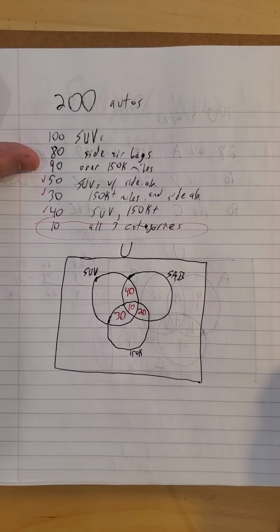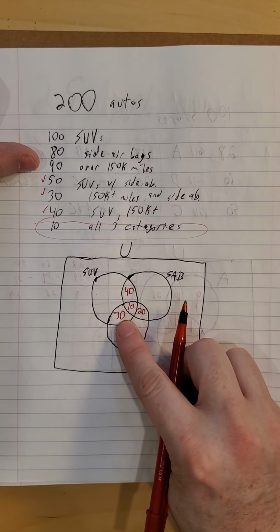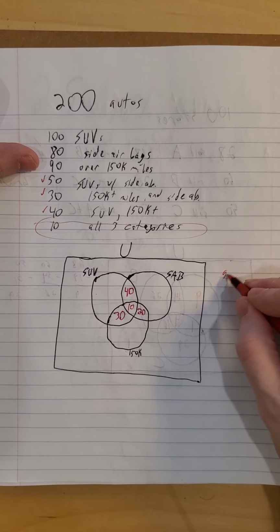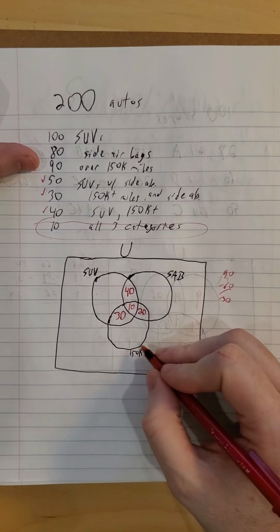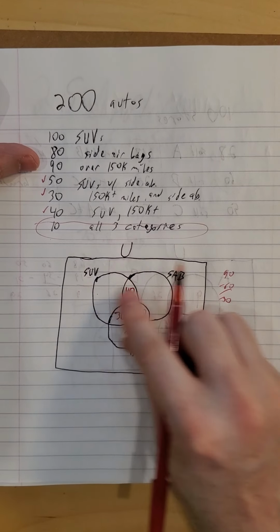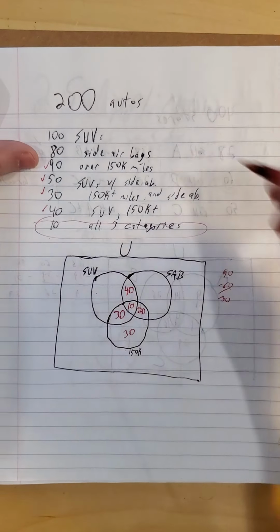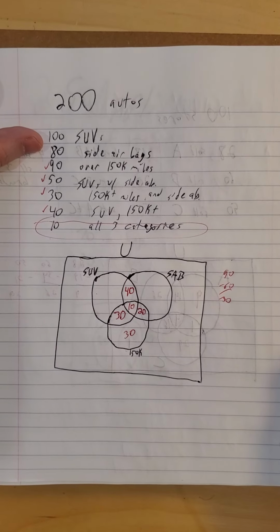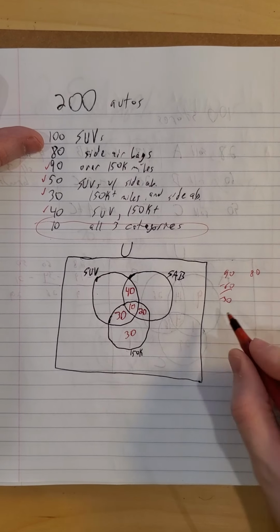All right, 90 that had over 150,000 miles. Quick tally, and we see we have 60 on the board. So 90 minus 60, 30 left that have over 150,000 miles, but they're not an SUV. They don't have side airbags. 80 vehicles with side airbags total. How many did you put down so far?